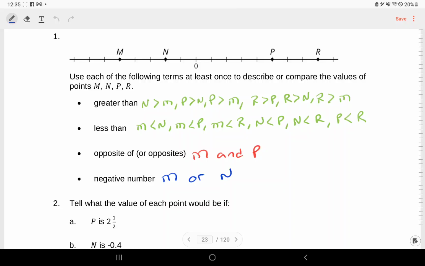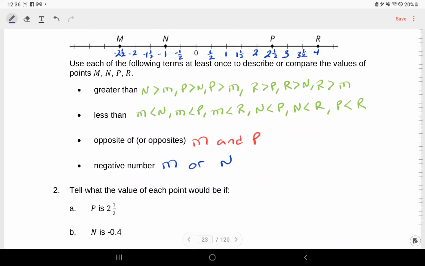So if P is 2.5, so 2 and 1/2. Well, 1, 2, 3, 4, 5. Well, then that means this was 2, 1.5, 1 and 1/2. And so that makes that 3, 3.5, 4. Negative 1/2, negative 1, negative 1.5, negative 2, negative 2.5.